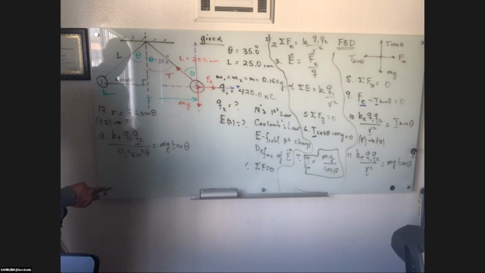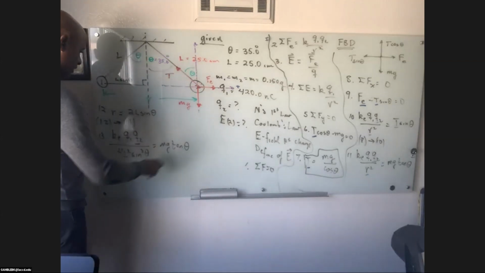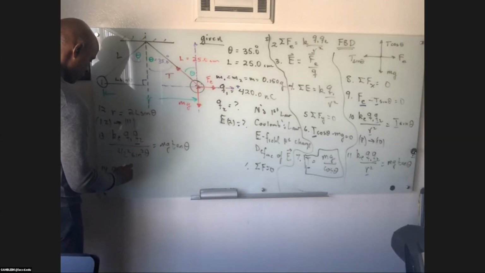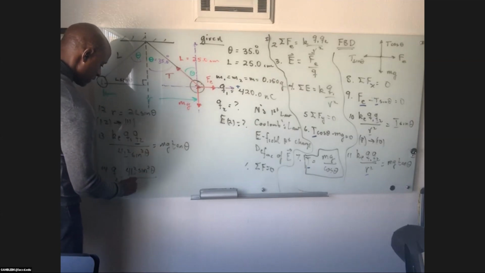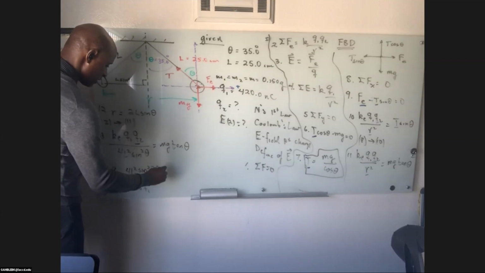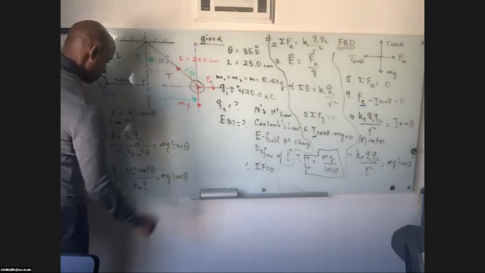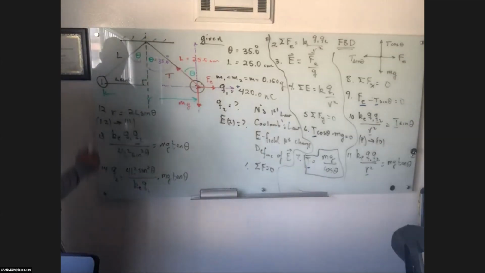So let's do it. So I'm going to have Q2. Let's see if I can do this in one fell swoop. Cross multiplying, I'm going to have 4L squared sine squared theta divided by K sub E Q1 times mg tangent theta. Now technically I'm done, but I'm going to go ahead and simplify some things here.